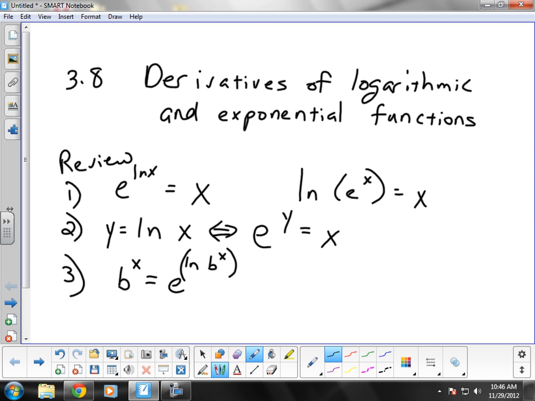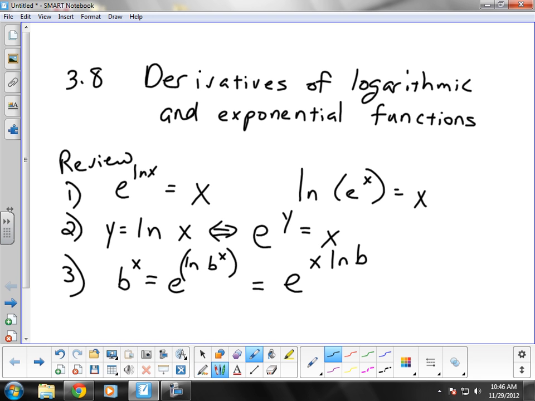They cancel each other out. And by the properties of logs, if I have an exponent on the argument, I can bring it down in front. So e to the x times the ln of b.